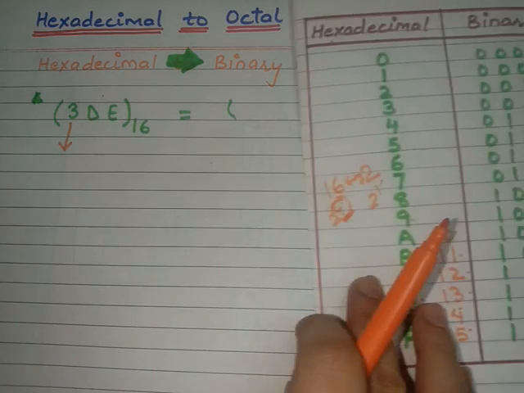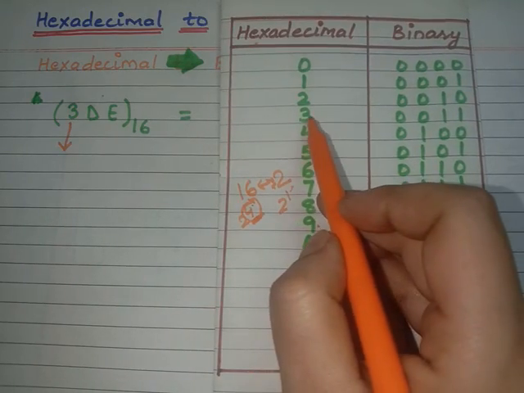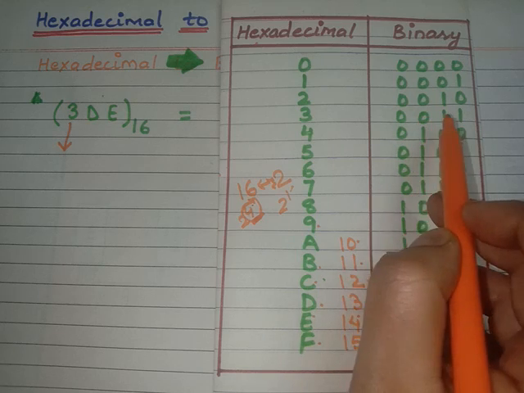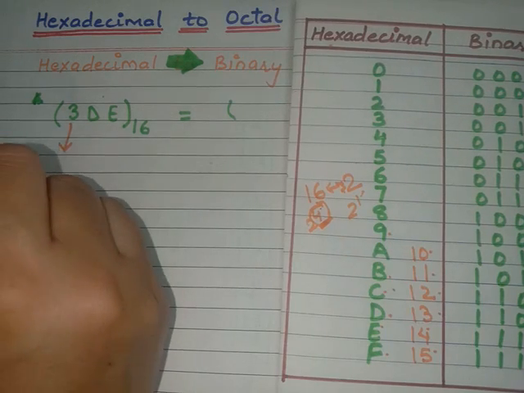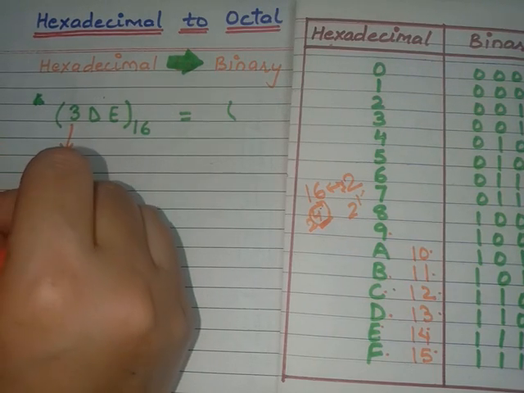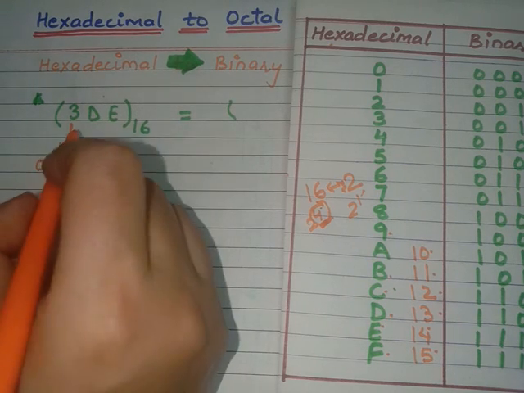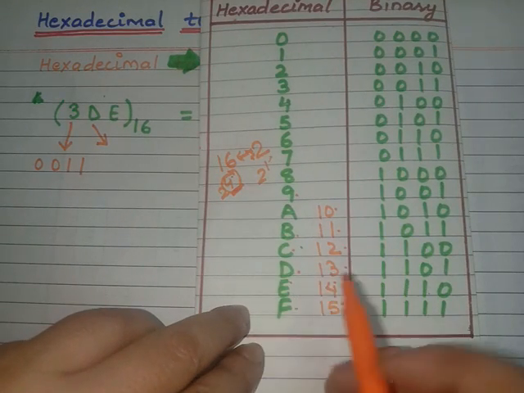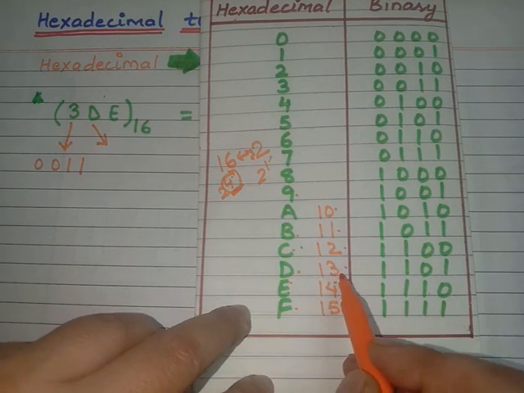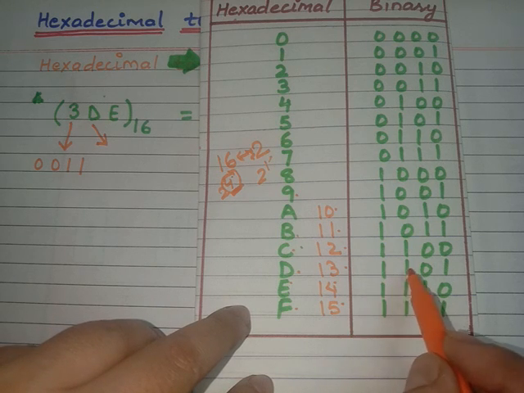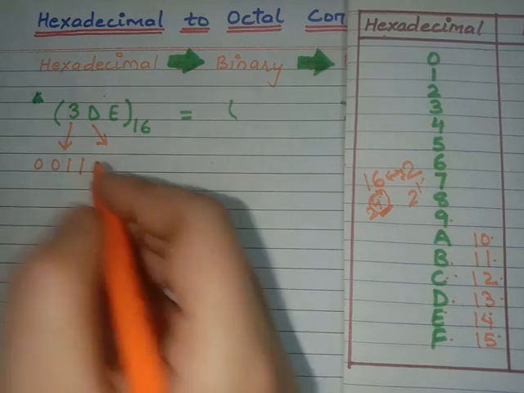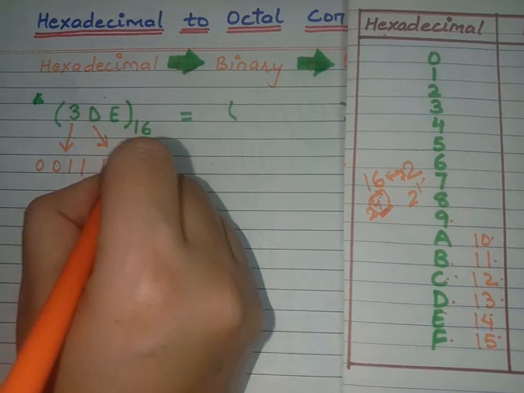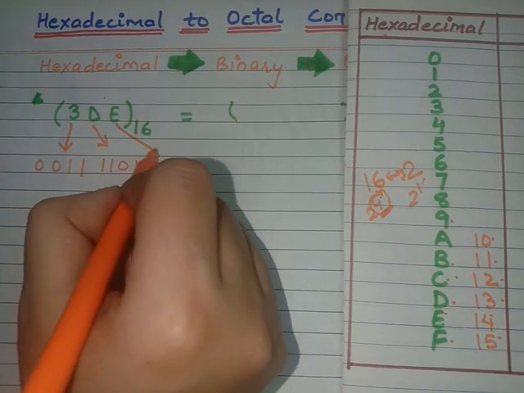So 3, as you can see in the table, is represented as 0011. So I will be writing 0011. The next is D. In the hexadecimal number system, D is equal to 13, and that is represented as 1101. So I will be writing 1101.